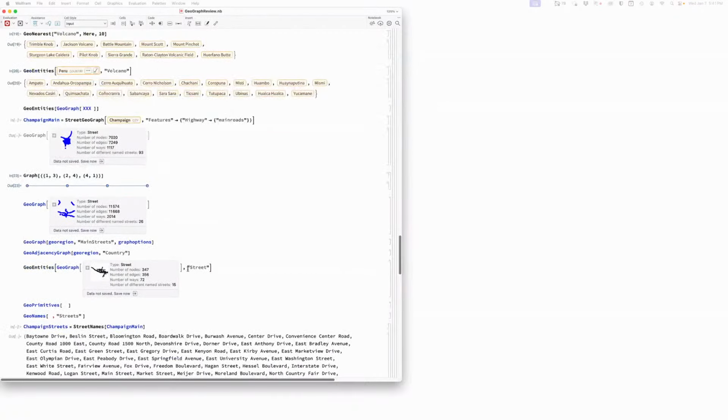Just to understand here, so we're saying there's a thing, geoprimitives, that extracts all the primitives of a given kind. Now, if every street had an entity name, we could still use GeoEntities.